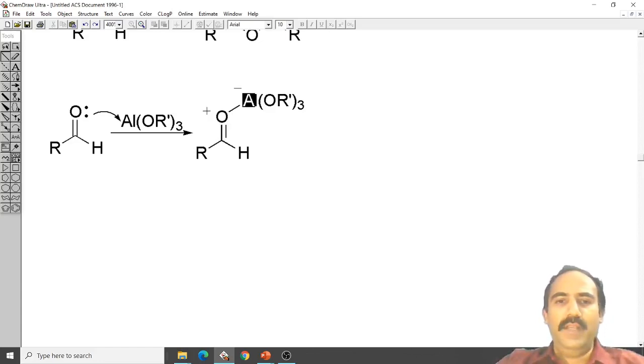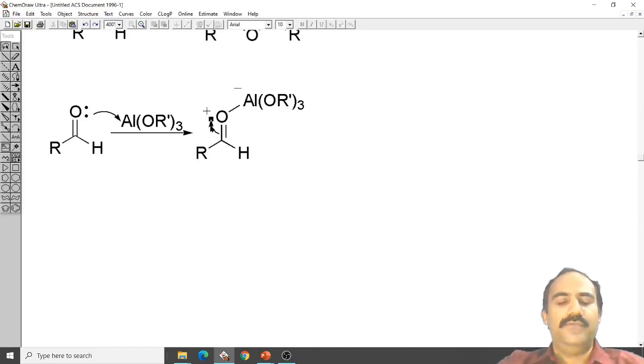But once aluminum bonds here, oxygen will have a full positive charge, which means oxygen will pull these electrons even more effectively. So the electron density will be reduced even more in this carbon, which means this carbon can be considered a positive center. So like this, a shift of electrons towards oxygen is happening.